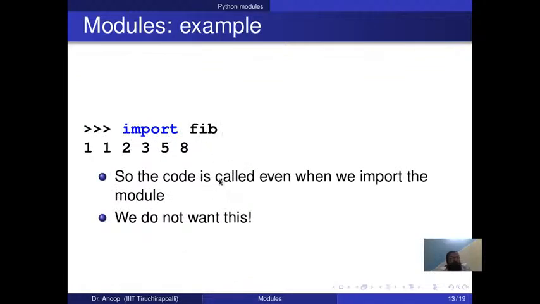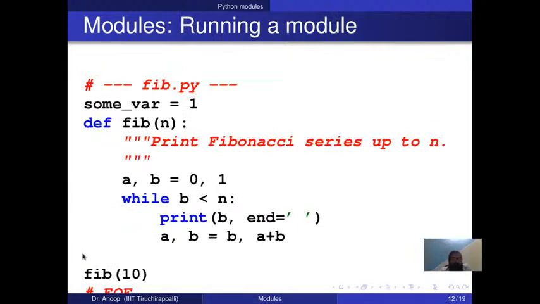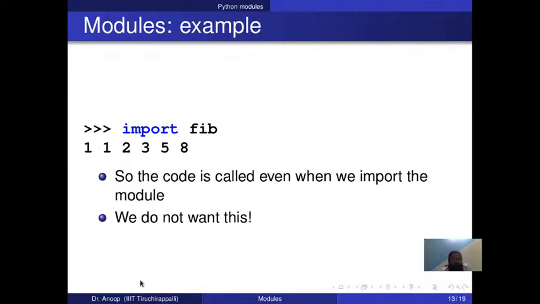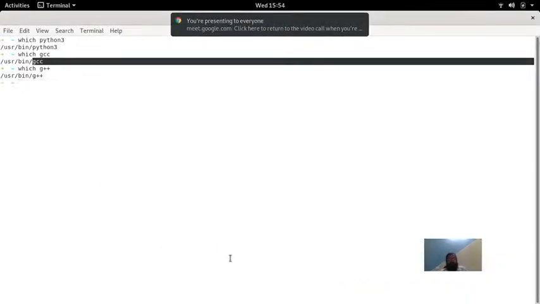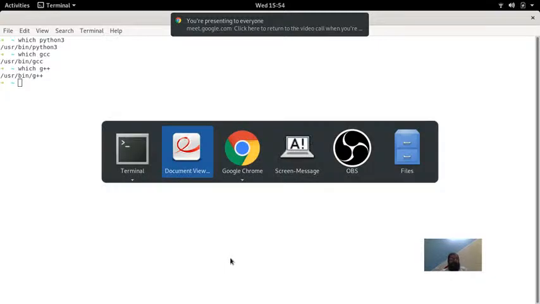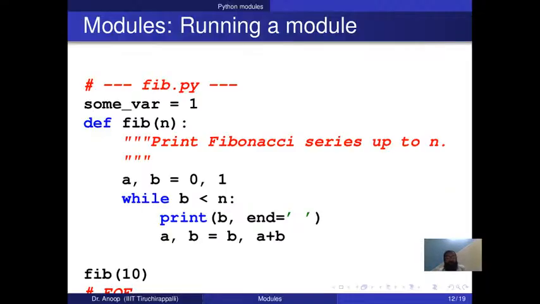So the code is called even when we import the module, and we do not want this. So what it is saying is fib of 10. See, I wrote a program over here, right? I guess you remember I wrote the hello world.py program, and I wrote an if name equal to main.